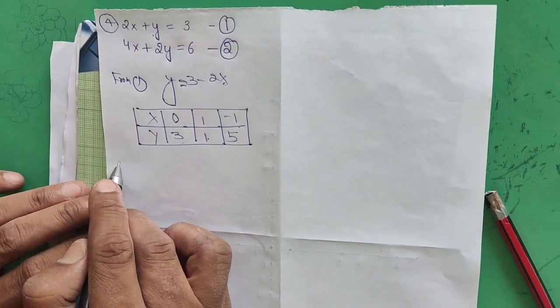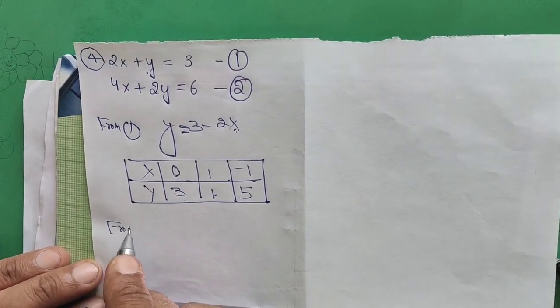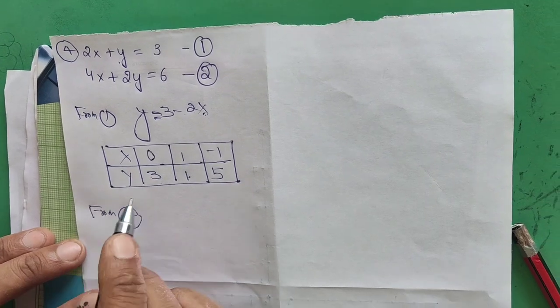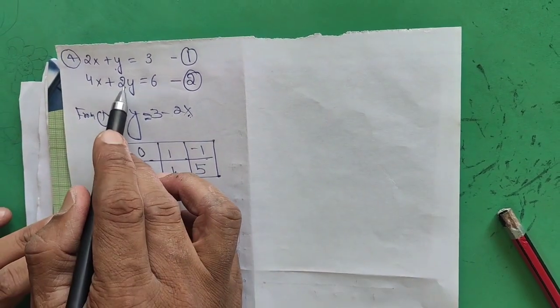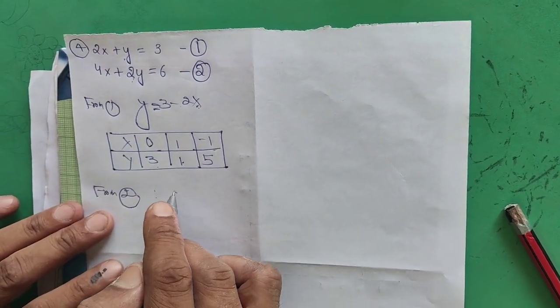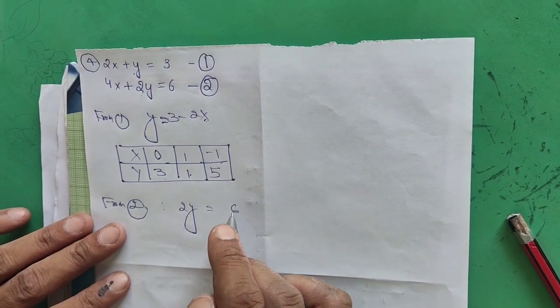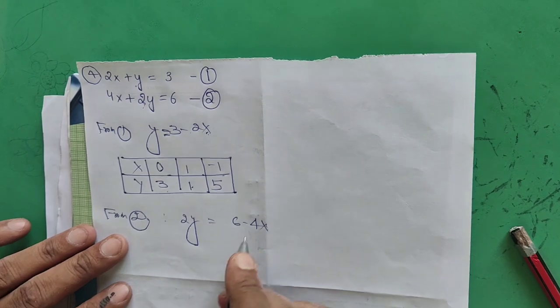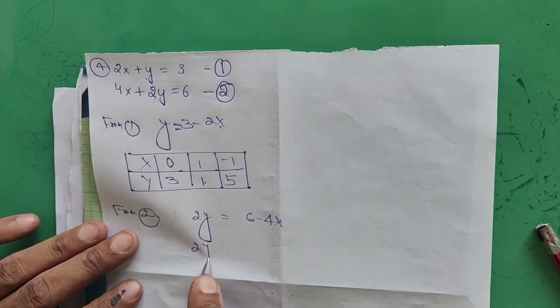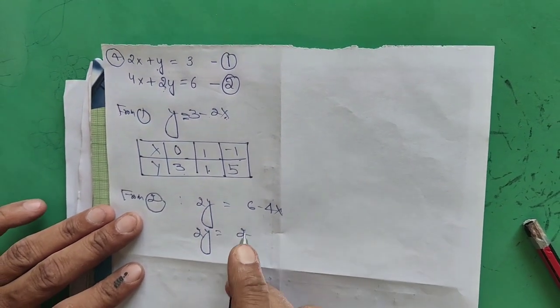Now from the second equation, we get the value of y. So 2y is equal to 6 minus 4x. Now we take 2 common from the right hand side.